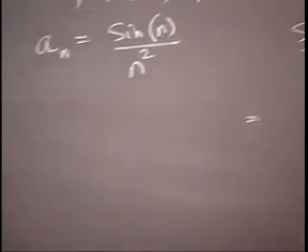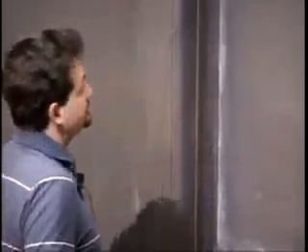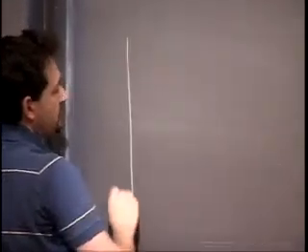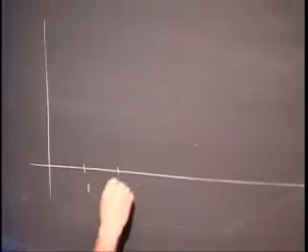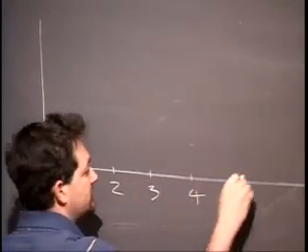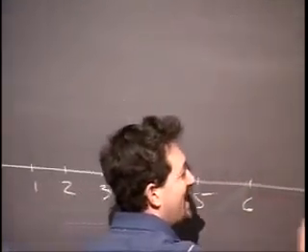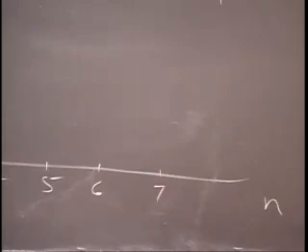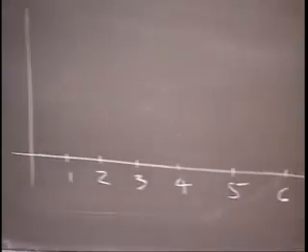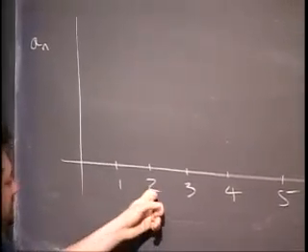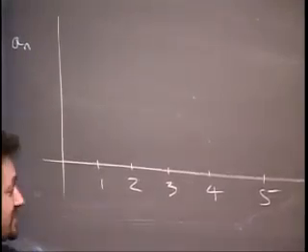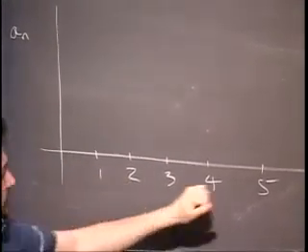What can you do with a sequence? Well, you can take the limit of the sequence. So what I'm thinking is that suppose you draw a graph. Now, unlike a regular function, if I draw the n-axis here, and then this is going to be the a_n-axis, the only values that n is allowed to take are 1, 2, 3, 4, 5, just the integers.